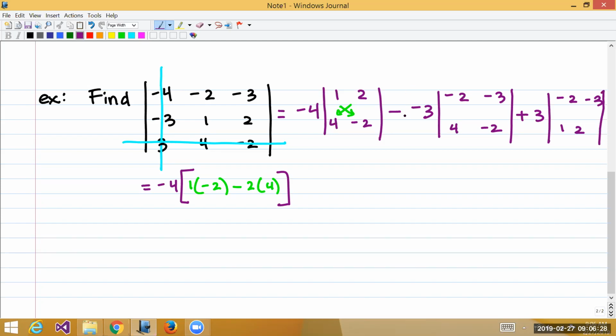Now we see here, we're going to subtract a -3 times something. We're not subtracting the -3.